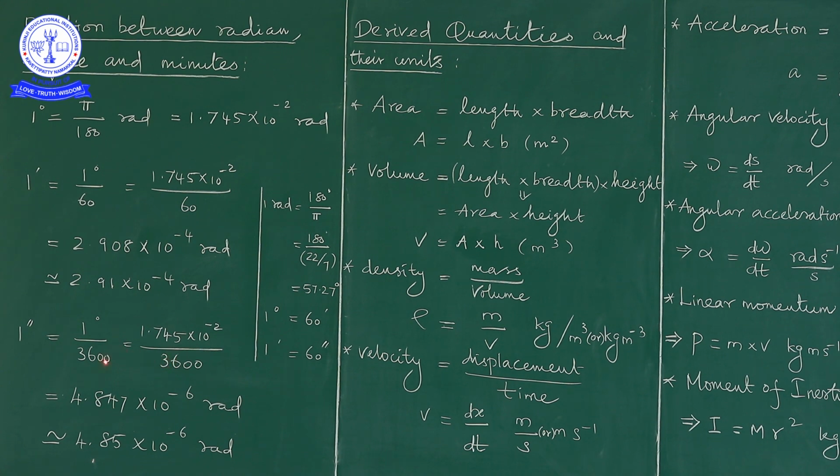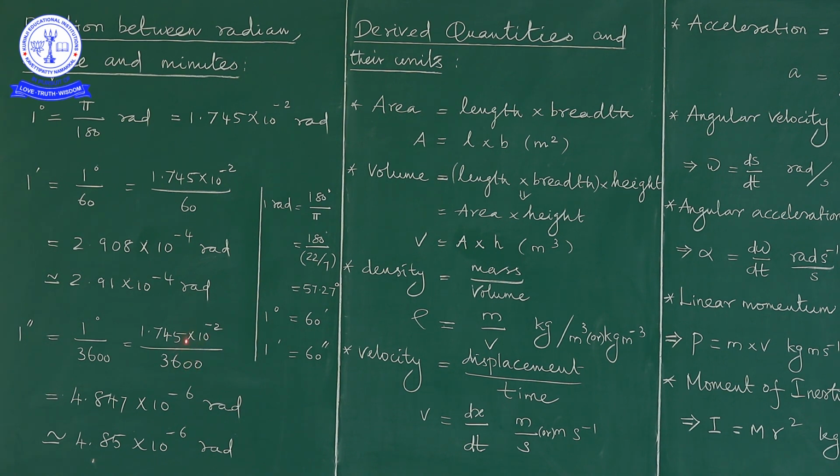The same value will express here also. So 1 second is equal to 1 degree divided by 3600. Already we know the value for 1 degree. What is that? 1.745 into 10 to the power of minus 2 by 3600.